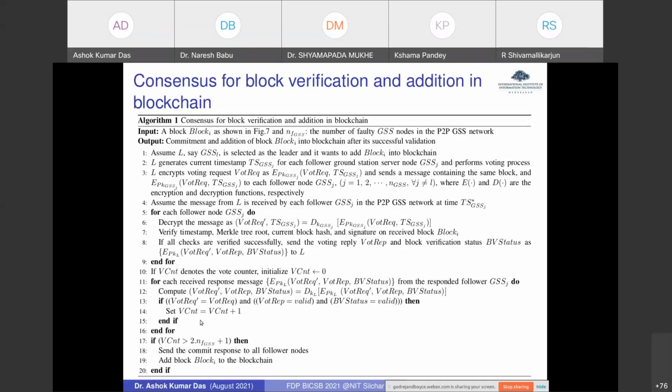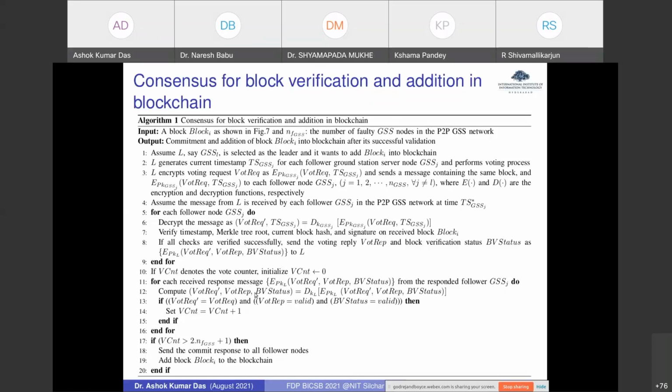Once the leader receives this kind of voting reply message, let us assume that the leader has a counter known as the V counter, which denotes the valid vote counter, initially 0. For each and every valid response message from a responding follower node, it will first decrypt the voting request, voting reply, and voting verification status.